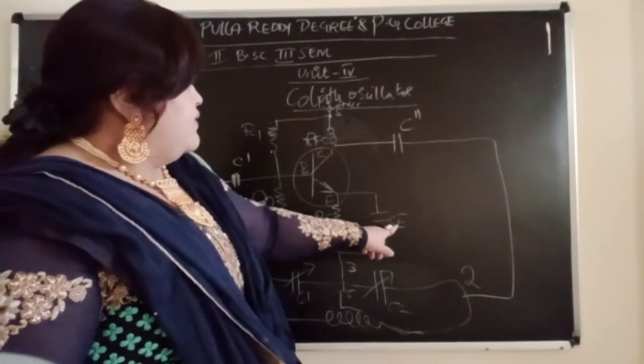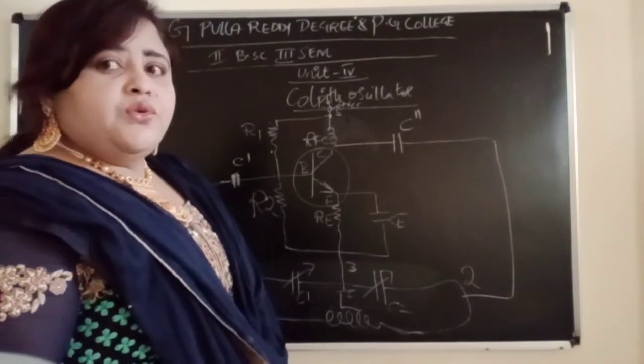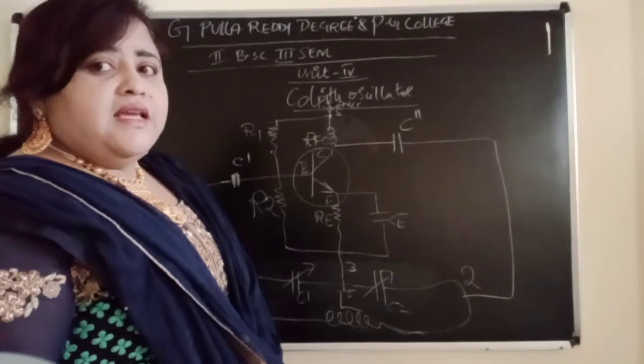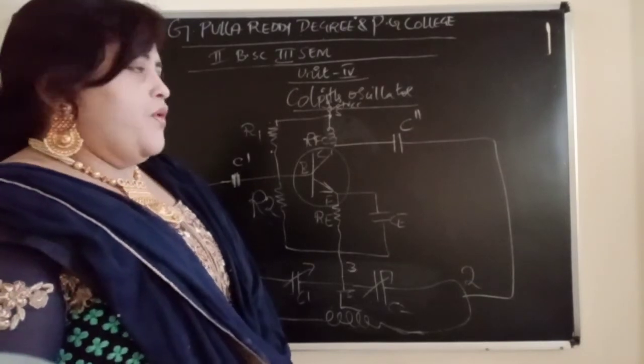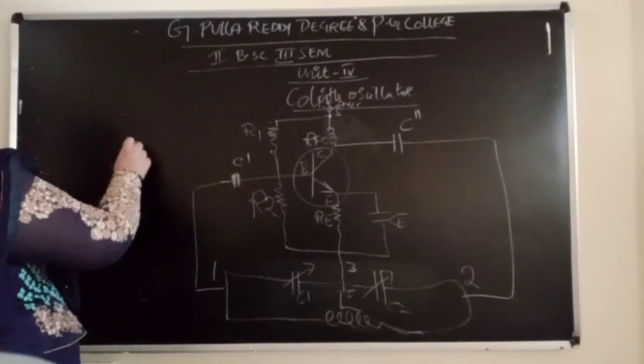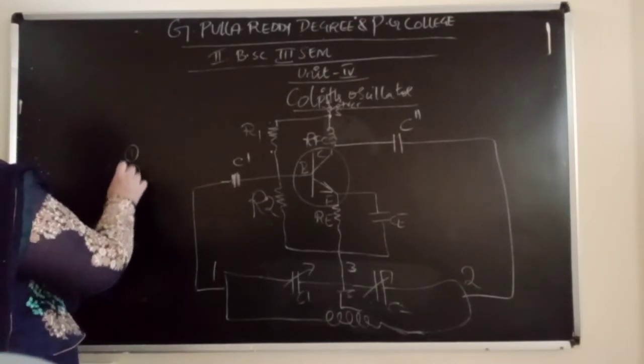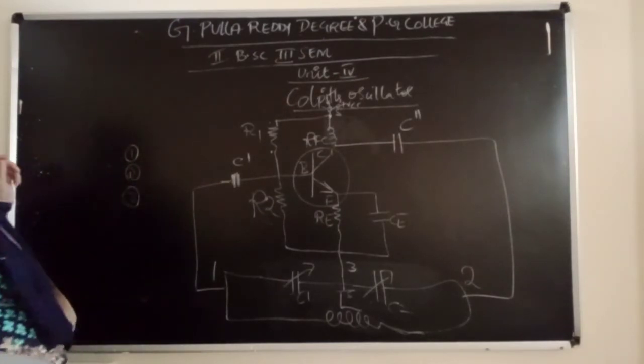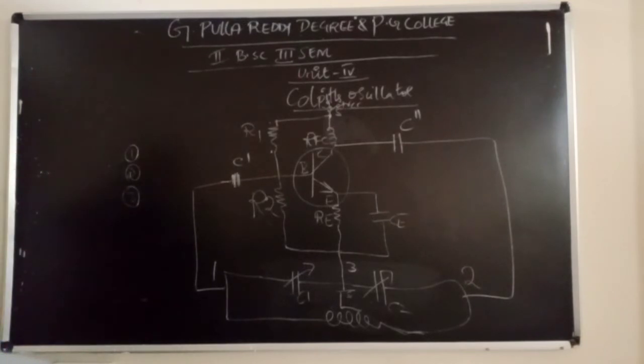How many operations is CE doing? CE is doing three important operations. What are the three important operations? First, it provides the AC to ground.